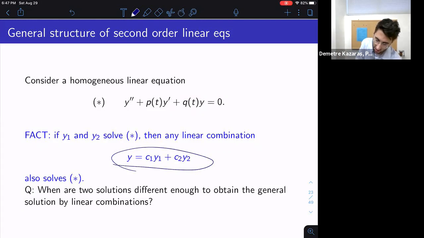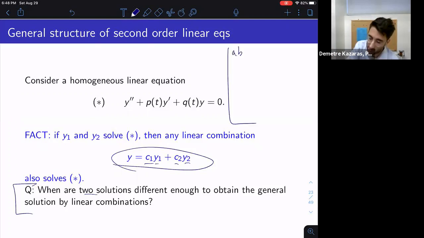So I got two numbers here, right? I can play around with those two numbers. And so the question is, are those the two numbers that will specify the solution uniquely? This is the same as asking this question. When are two solutions, say y1, y2, different enough so that the general solution is just obtained from linear combinations of those two solutions?